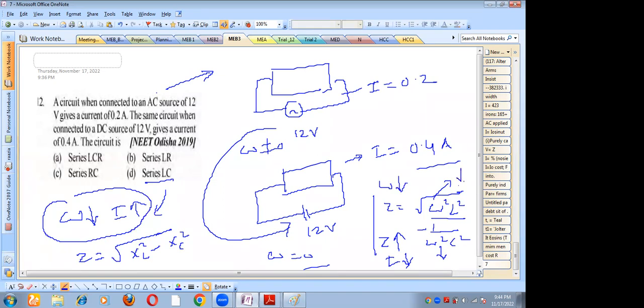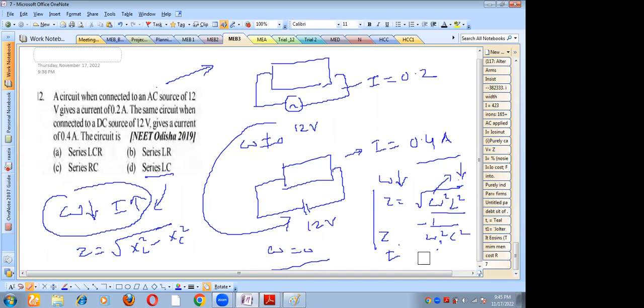When omega decreases, the first term will decrease, and the second term, since omega is decreasing, will obviously increase. So the first term is decreasing and the second term is increasing.